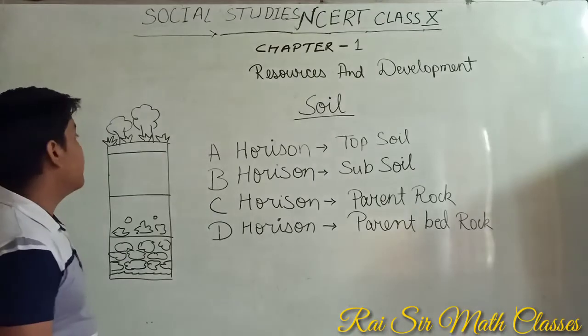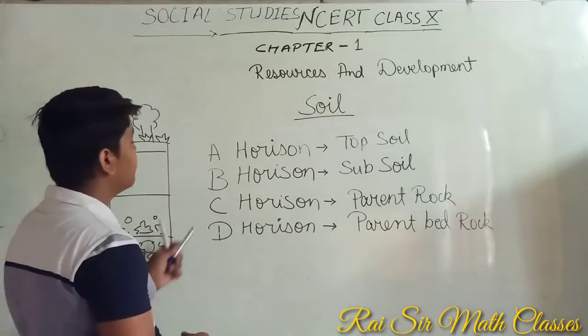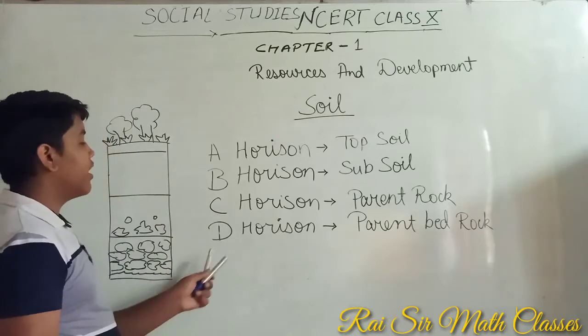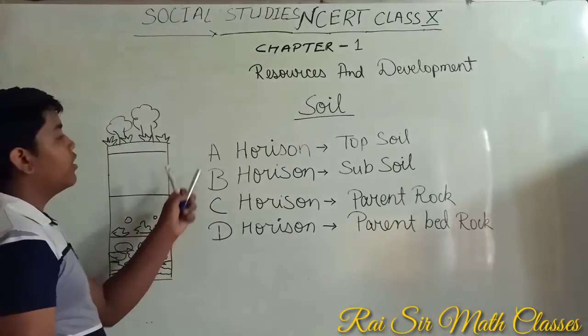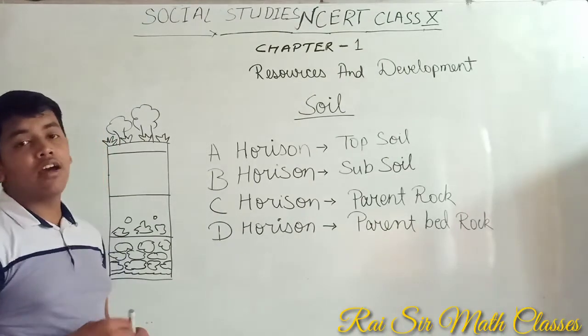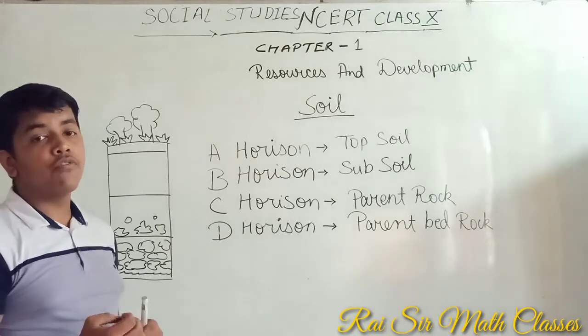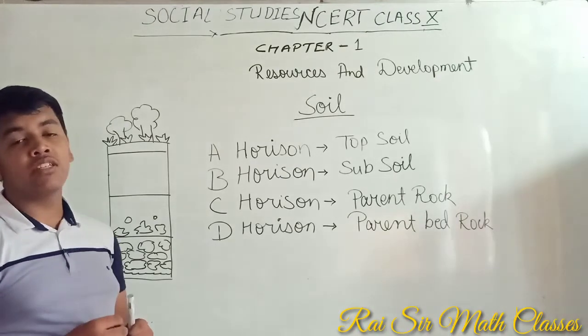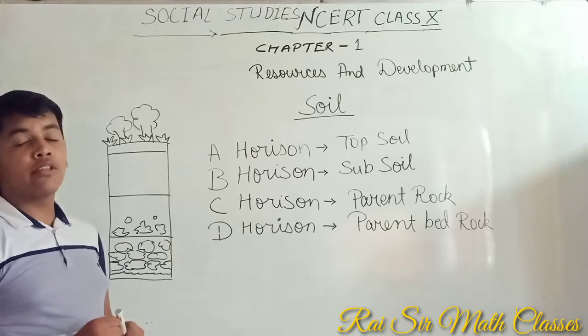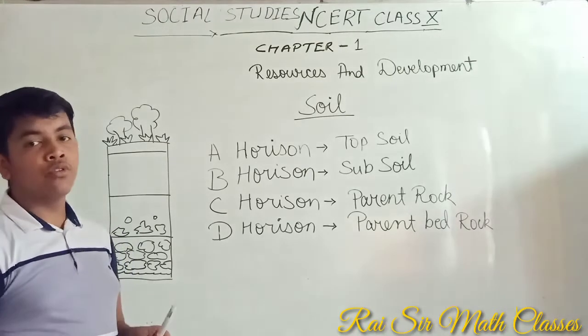We are going to know about the four main parts of the land. In the land the four categories are A horizon, B horizon, C horizon and D horizon. So what is the A horizon? The A horizon is the uppermost part of the land, which consists of humus particles, broken stems of trees or small plants, grass, and it contains a lot of humus.